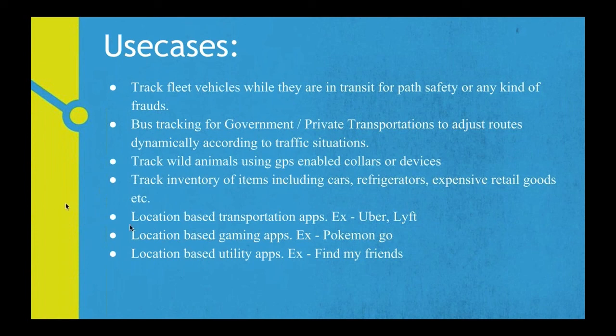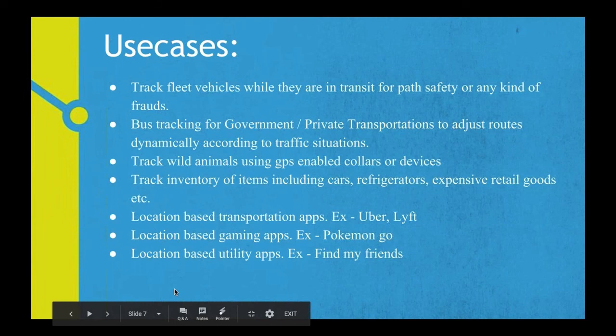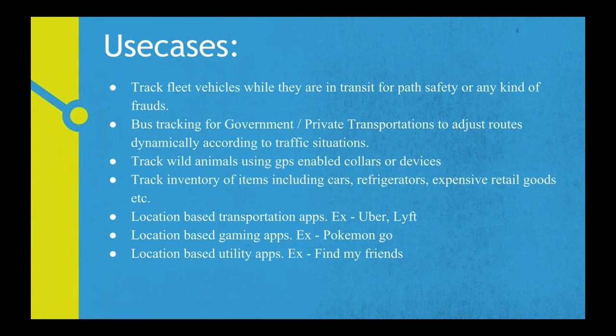So something similar. Location-based gaming apps like Pokemon Go, which needs no explanation, and location-based utility apps like Find My Friends, where your mobile device continuously sends data with GPS tracking and gets tracked.